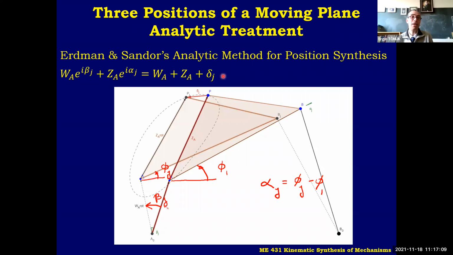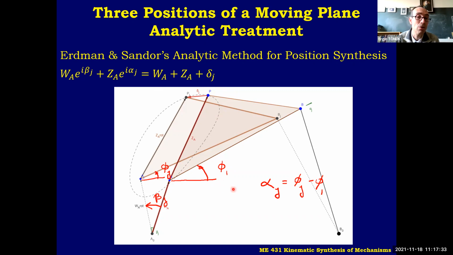This forms the basics of Erdmann and Sandor's method, and we will just rearrange this equation to put it in a more handy form so that we can analyze it. And also keep in mind, we are looking for ZA and WA. We don't know them. We don't know the mechanism.